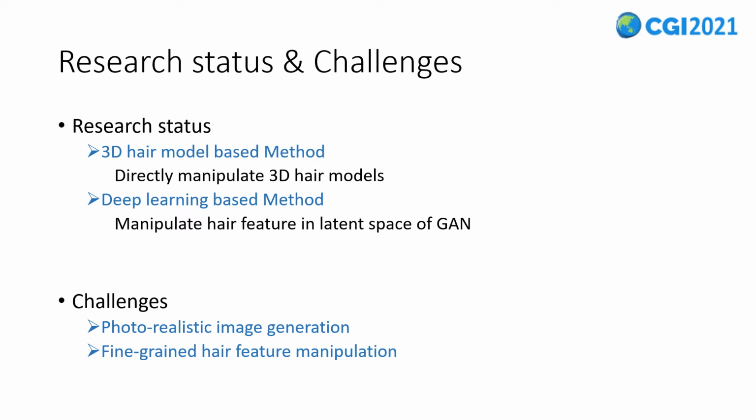For deep learning-based methods, although generated images are photorealistic, we usually can't transfer hair with fine-grained manipulation. Therefore, how to delicately transfer hair and generate photorealistic images becomes the main challenge of our work.